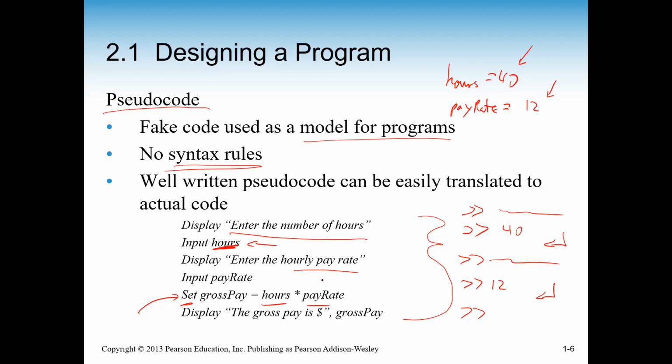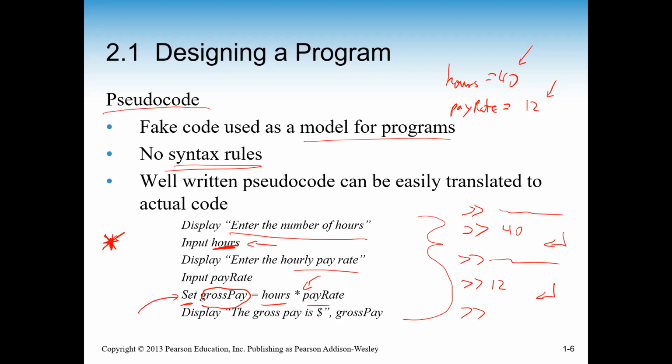Now, this is just a multiplication. Notice that we use the asterisk for multiplication. We will look at operators in a sec. And you perform the multiplication, and now another variable, gross pay, will contain the result of multiplying 40 times 12.